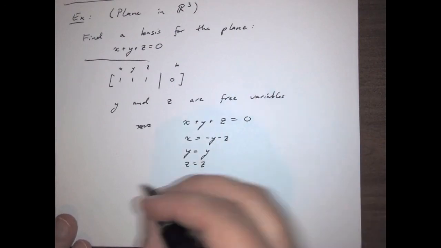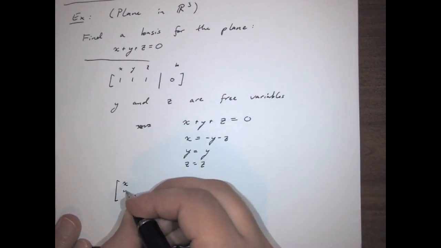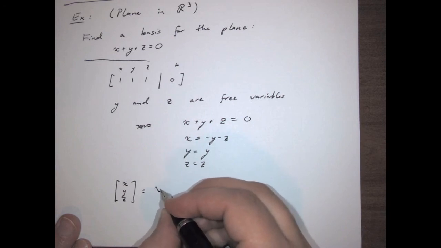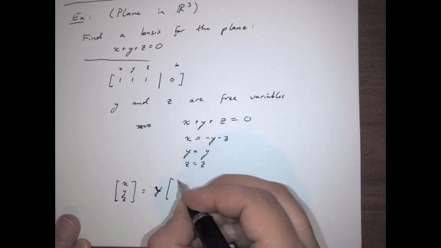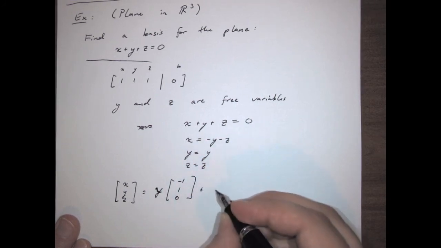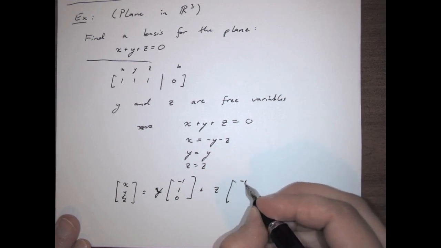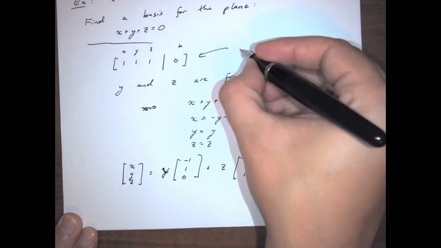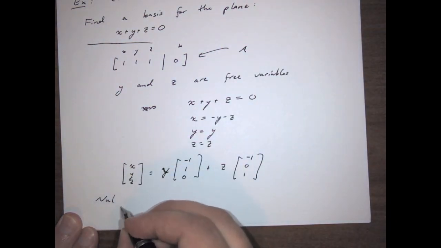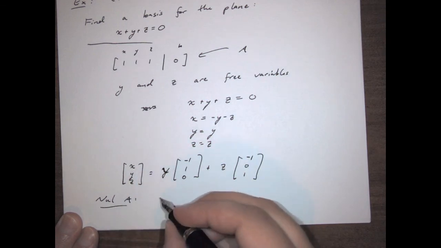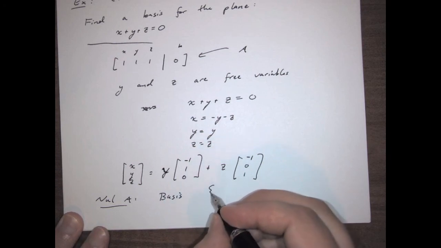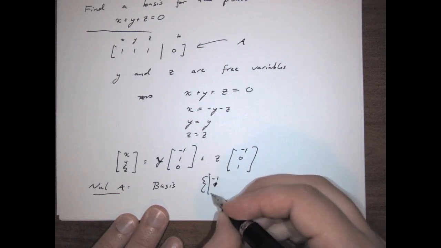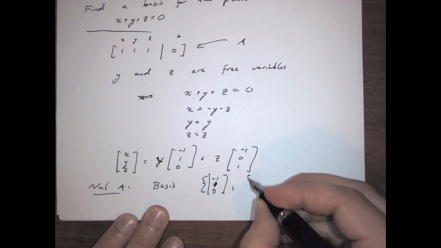And then if I wanted to try to express this as a vector, it would be x, y, z is equal to free variable y times -1, 1, 0 plus free variable z times -1, 0, 1, which means then a basis for the null space, so let's call this A. So then the null space for A will have basis, and it'll be these two vectors: -1, 1, 0, and -1, 0, 1.